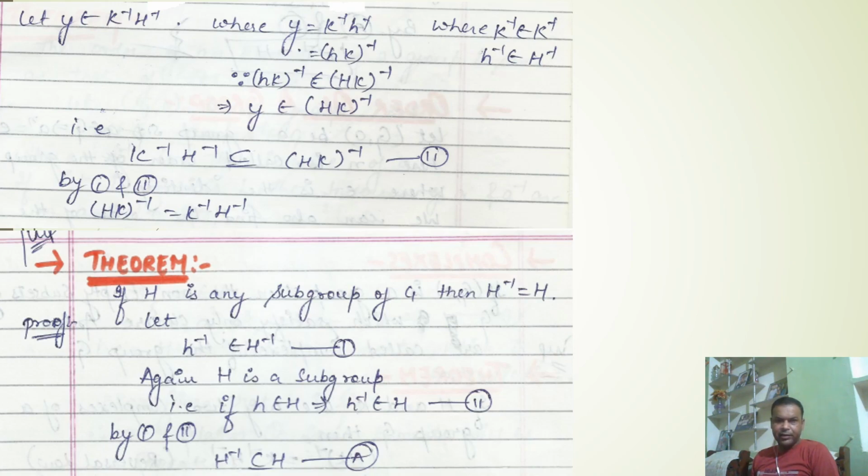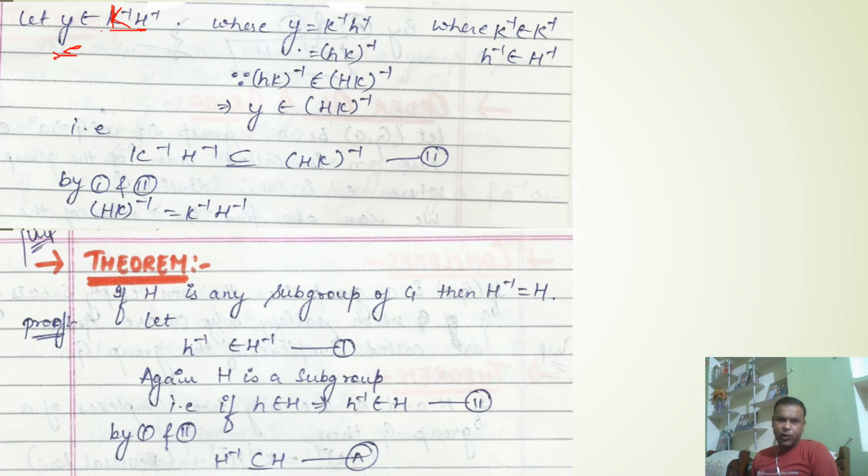Again we will take the next element in reverse order. We take another element y in K inverse H inverse. Because it belongs to K inverse H inverse, where K inverse is the inverse of the first complex, it is capital K and it is capital H. So what will be the nature of this y?